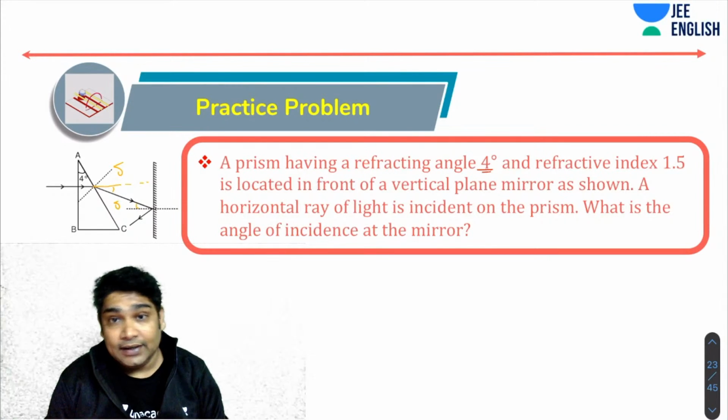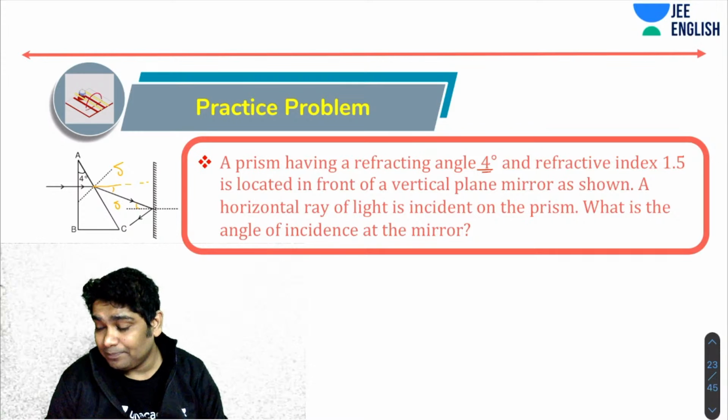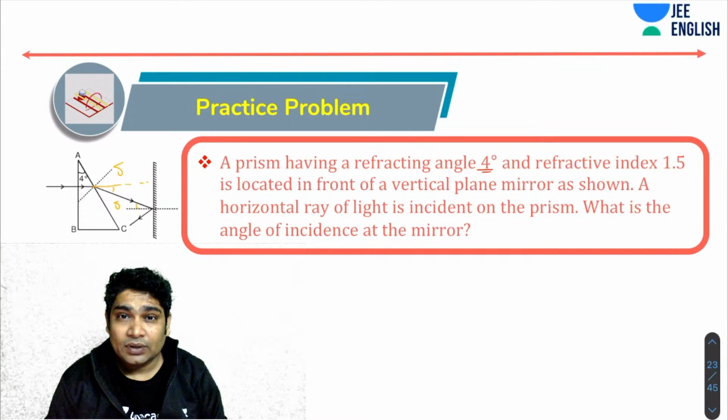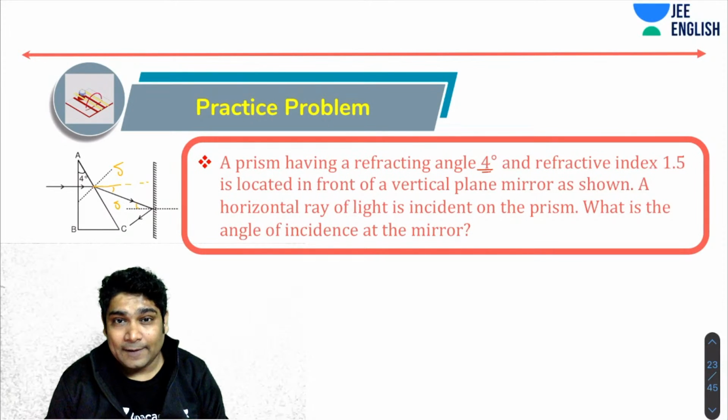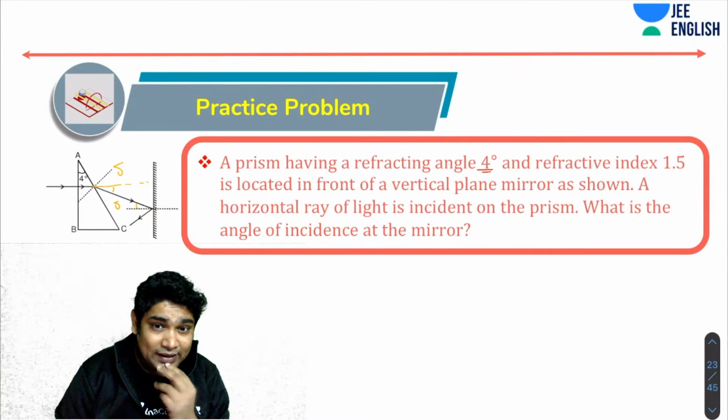Pi radians is equal to 180 degrees, so any angle less than 10 can be roughly approximated as a small angle. For a 10-degree angle, the angle in radians would become almost 1 by 6. So any angle less than 5 degrees is definitely a small angle.